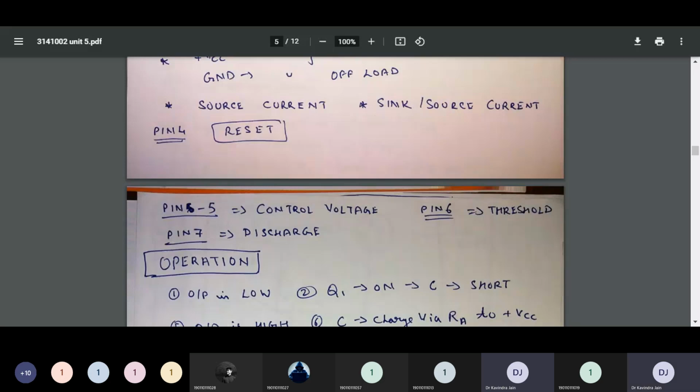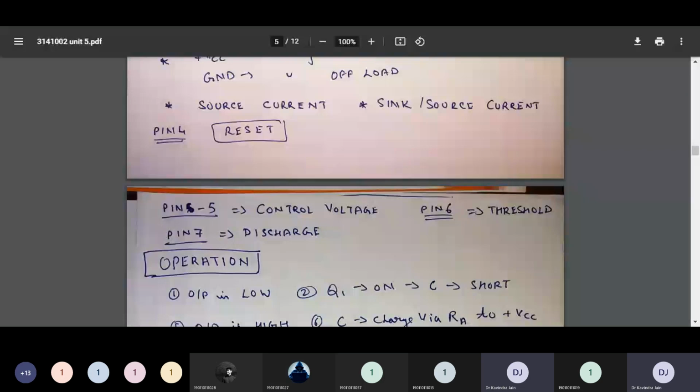Pin number 5 is a control voltage pin. I'm extremely sorry, I will speak again. Pin number 5 is a control voltage pin. Is my voice audible? Yes, sir, audible. Okay.